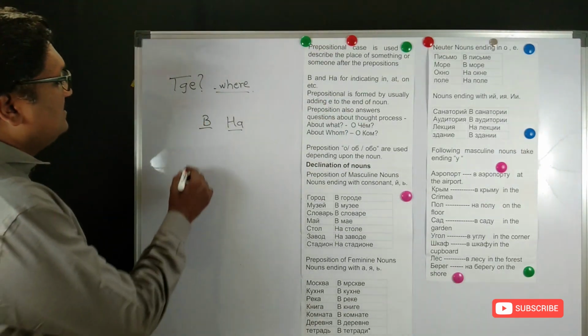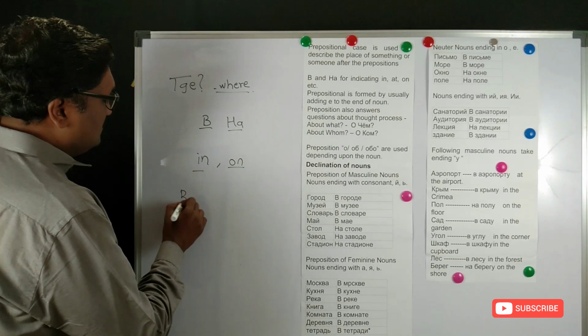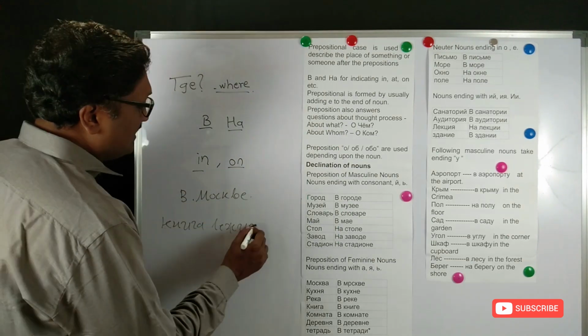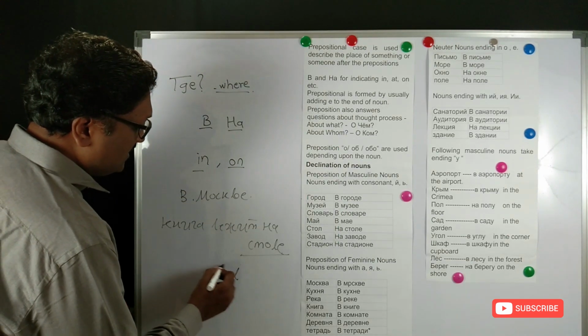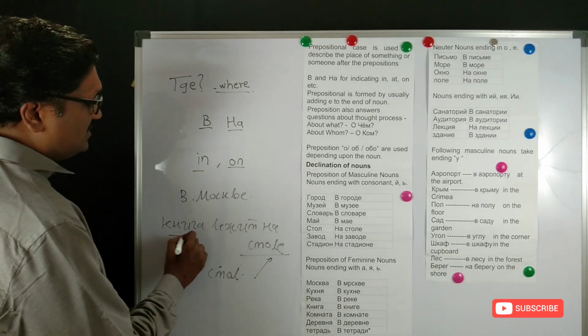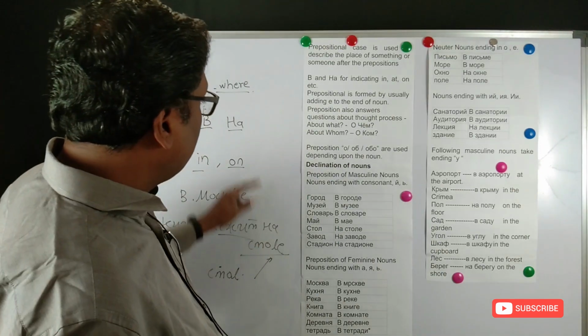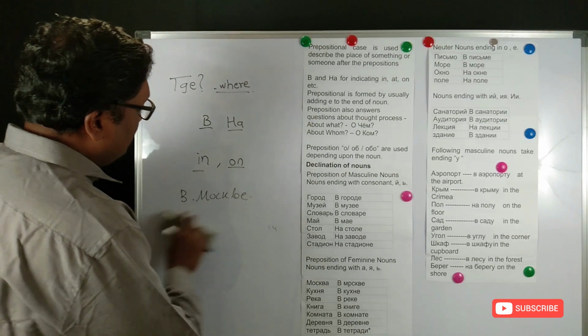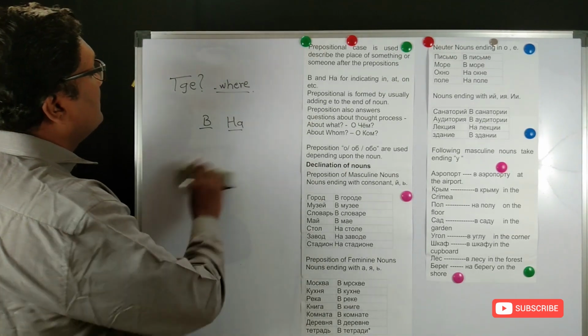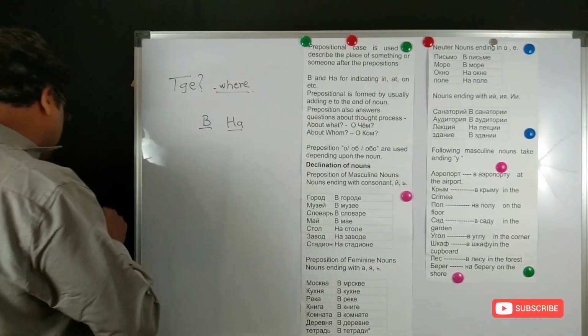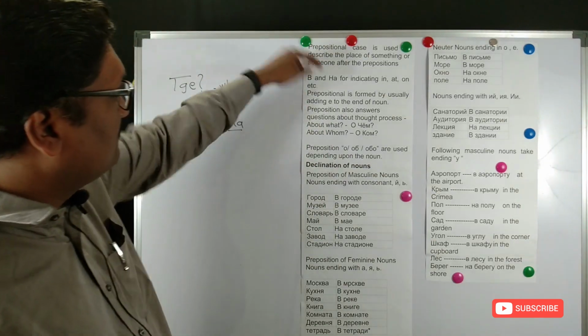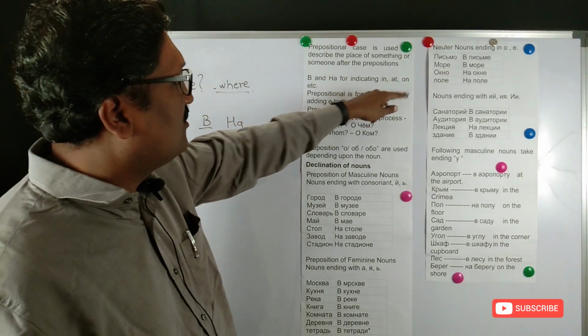They indicate in or on. Я живу в Москве. Книга лежит на столе. You know, стол is a table. На столе. The book is lying on the table. On and in. It is indicated with в and на, and this is answering the question где.